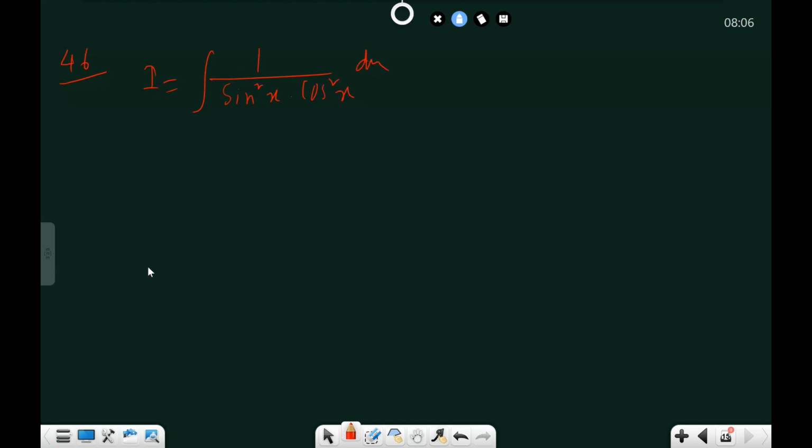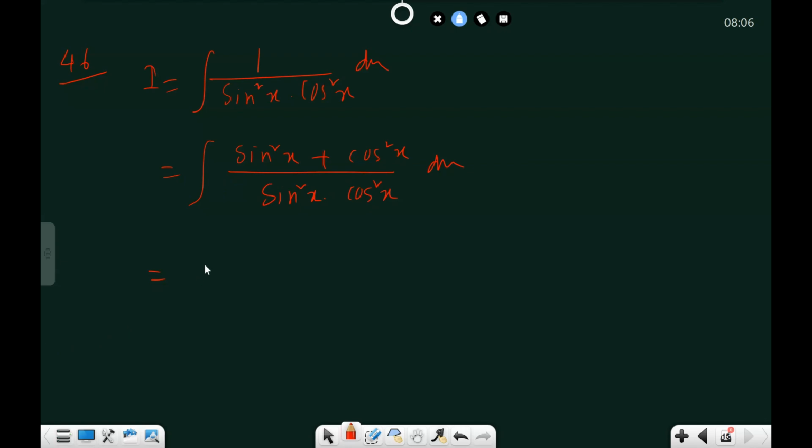It can be solved very easily. Just observe the numerator. In place of 1, I can write sin²x plus cos²x, divided by the denominator, which is already sin²x cos²x, dx is there.